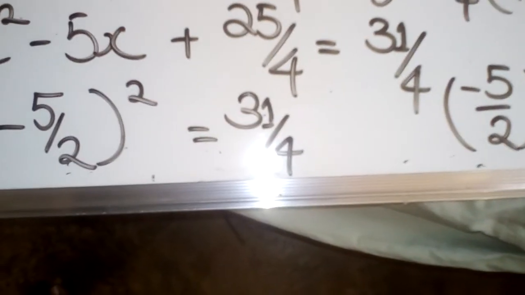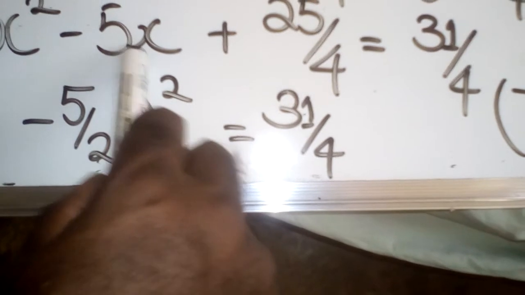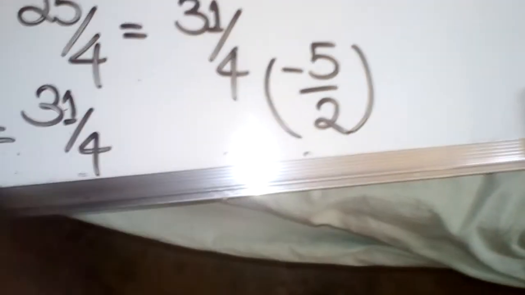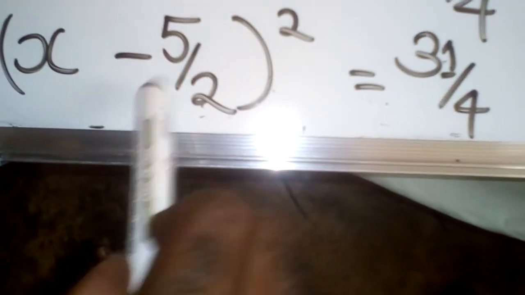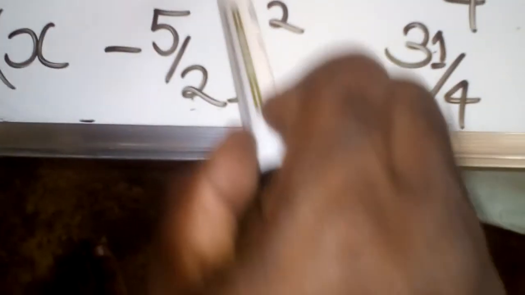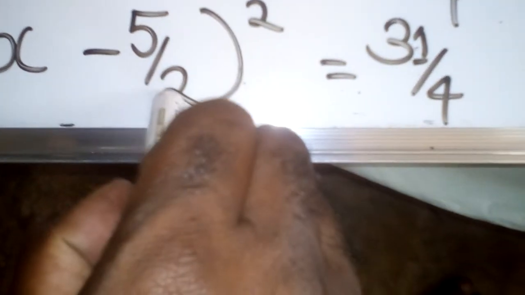At this juncture now, we can still get back to our coefficient of x here, which is actually negative 5, divide it by 2, and then create brackets, take note of x by writing x, and then the answer we got of dividing the coefficient of negative 5x, which is negative 5 over 2, and then squaring it up.